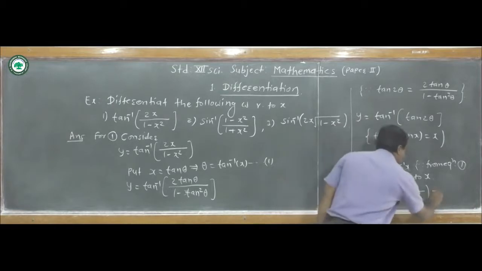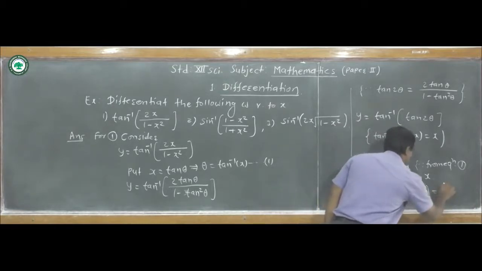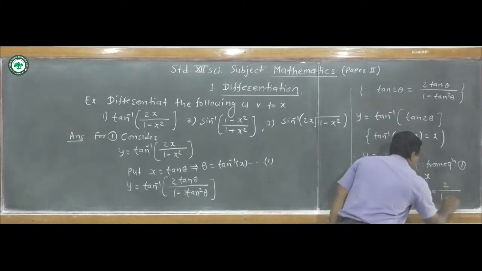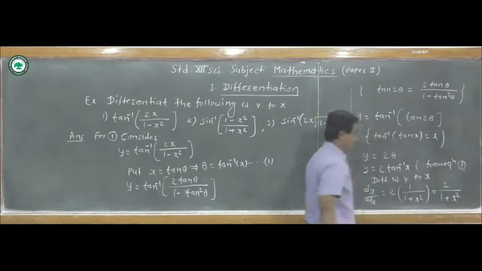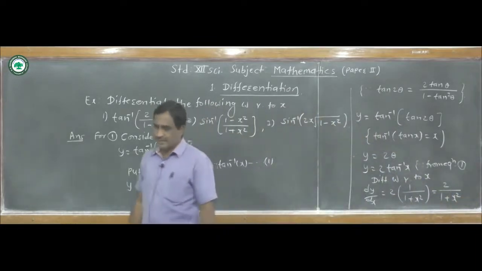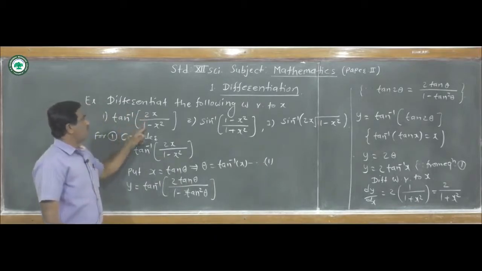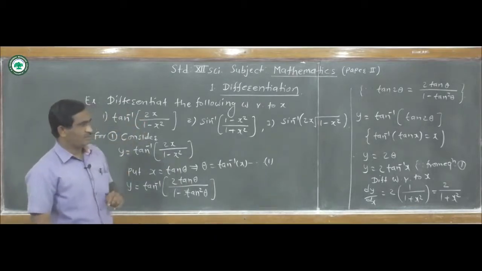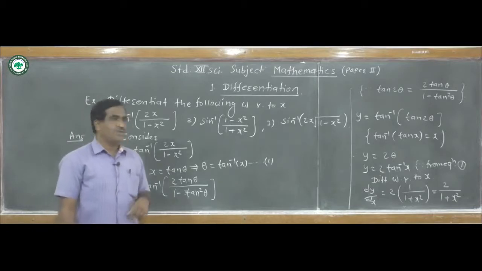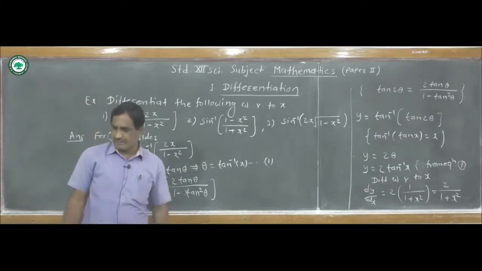That is, finally we get dy by dx is equal to 2 upon 1 plus x square. Okay, this is the derivative of the function tan inverse of 2x upon 1 minus x square, which is equal to 2 upon 1 plus x square.